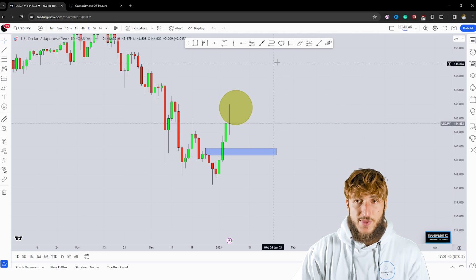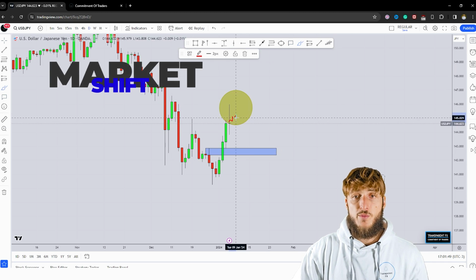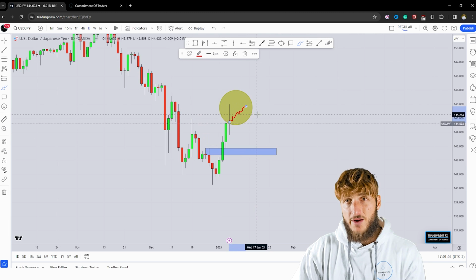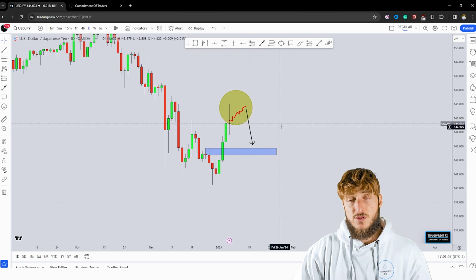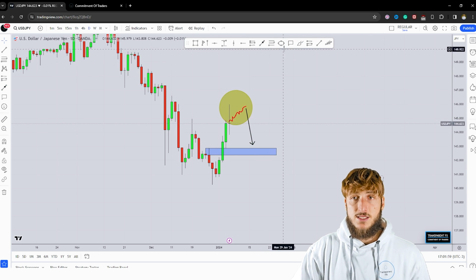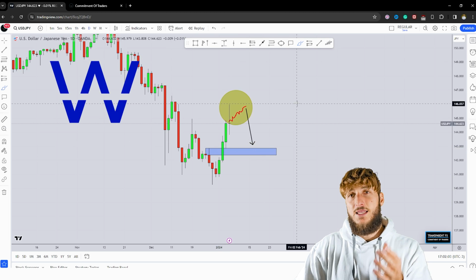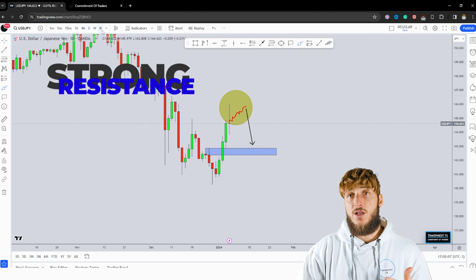Therefore, what I would expect in a situation like this is that if the market will shift from an intraday bullish market, as we have right now, to an intraday bearish market, at that point, I would expect a potential rejection to the downside for the market to complete this W formation that it has from a daily perspective, and also reject the weekly and monthly resistance areas that we have identified at the beginning of the video.